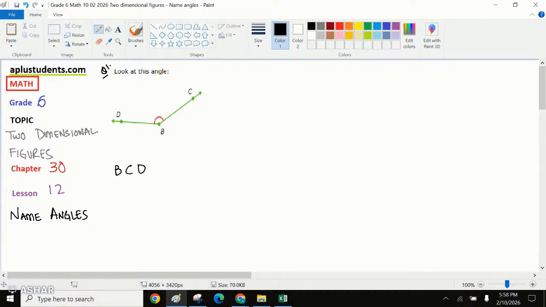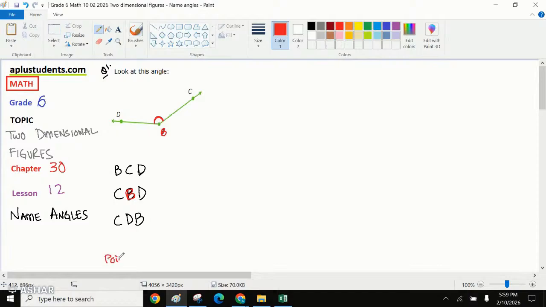We look at all the arrangements. We can write C, B, D, or we can write C, D, and B. What we need to see is where this angle is made. This is at point B. So we cannot take this one; the point B has to be in the middle.